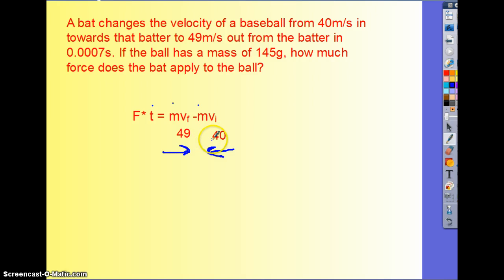Because we're not just changing the speed of the ball by 9, we're changing the speed of the ball by 89. It's a huge change in velocity. So you need to make sure that you put a negative on one of these two velocities as you do this. I would put it here. And you'll be able to calculate that on your own and find the force applied to the ball. It would be a very big force because of this.